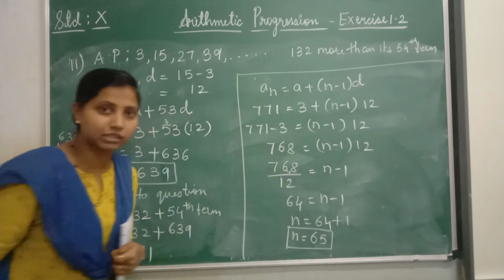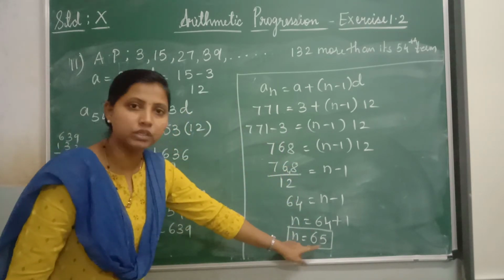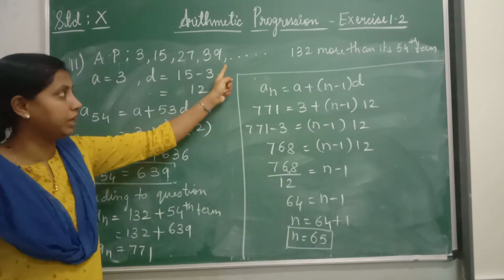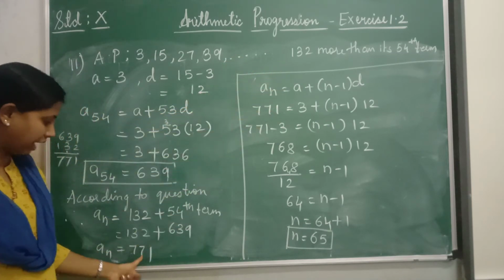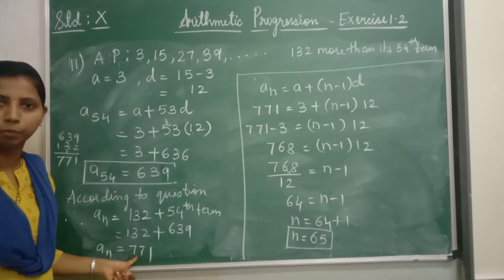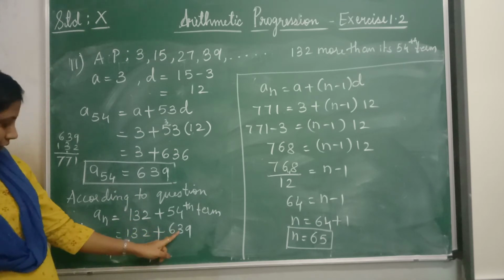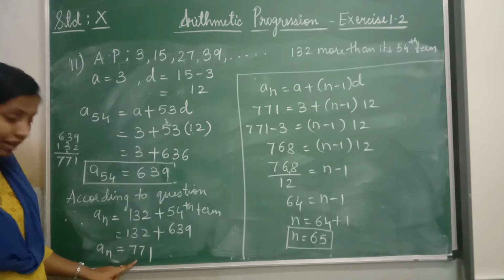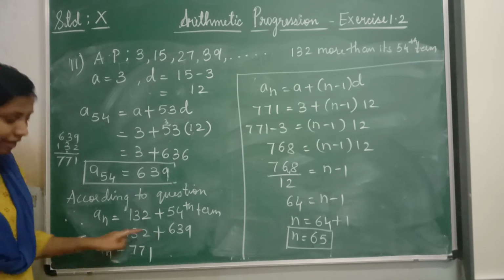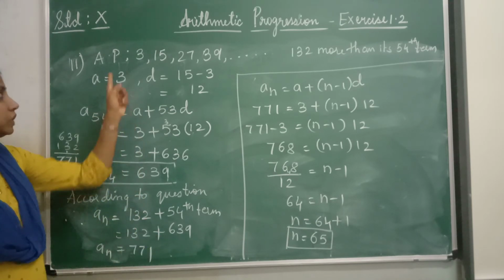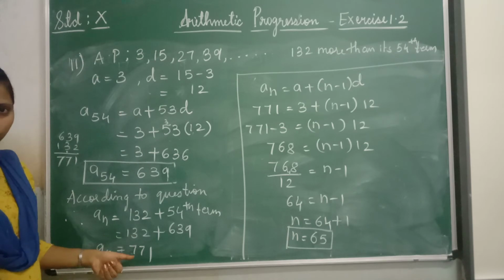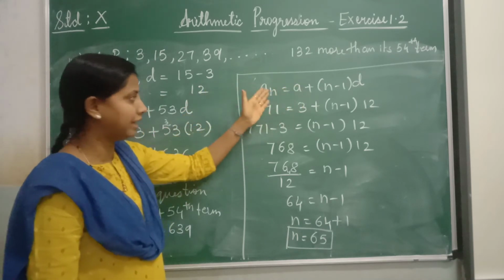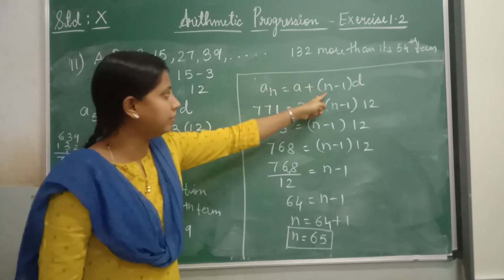So it means that the 65th term of this particular AP is 132 more than its 54th term. What is 132 more than the 54th term? It is 132 plus 639, that is 771. So which term of this AP is 771? We took that as an and found the value of n.